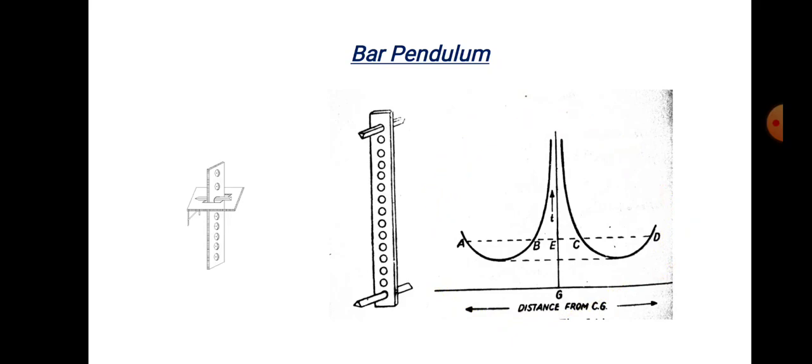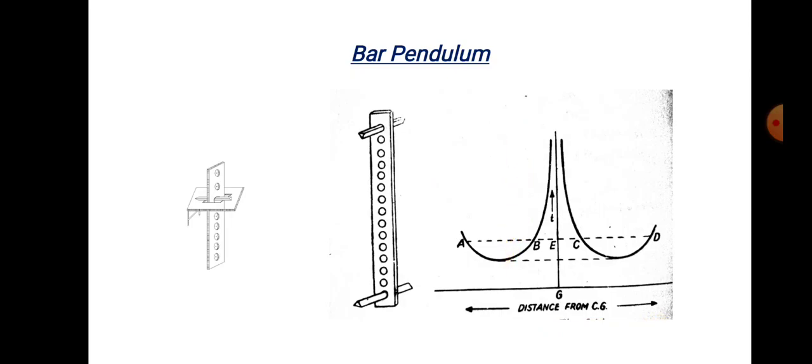A graph needs to be plotted by taking the distance of the point of suspension from the center of gravity as the x-axis, and the time period as the y-axis.